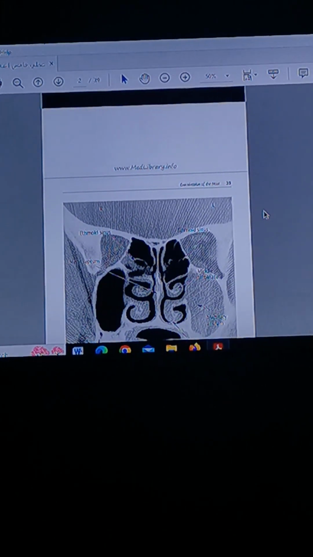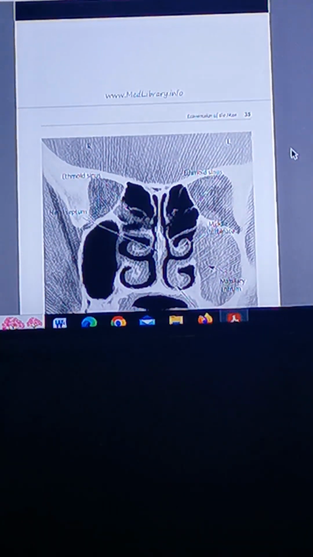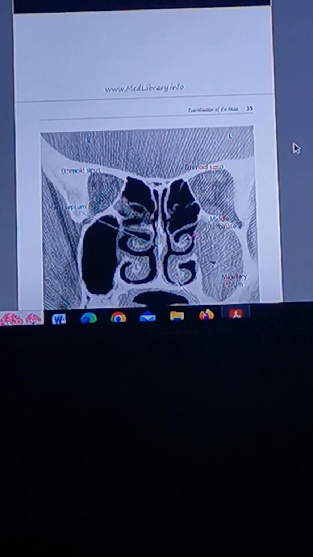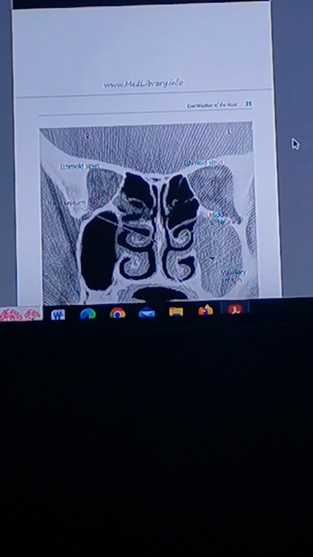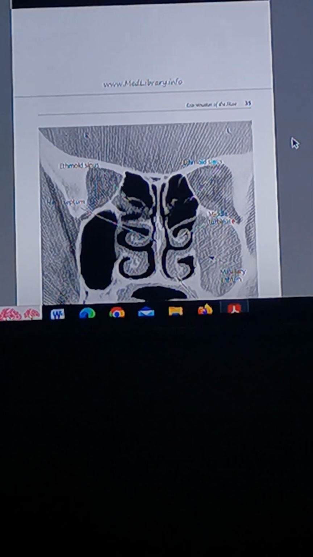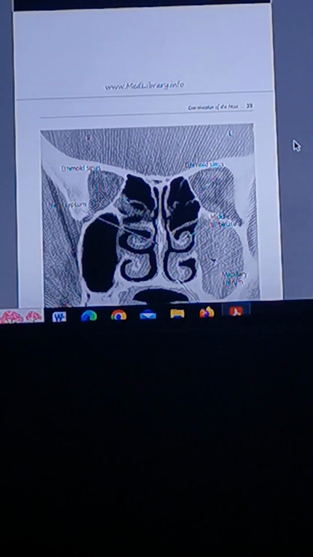This is a CT scan of the nose and the paranasal sinuses. Here I will show you the anatomy to have an idea how to read the CT films of the nose and the sinuses.